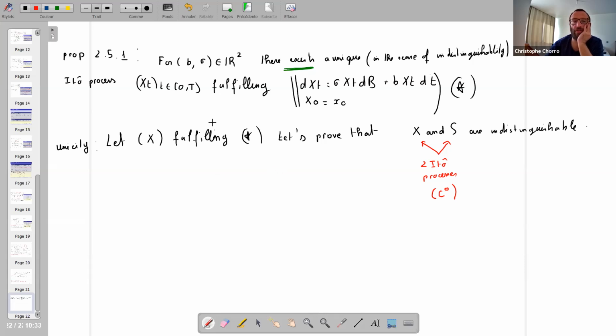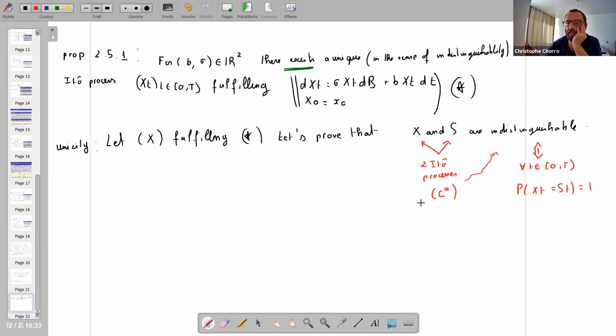If I have two continuous processes, to prove that they are indistinguishable it is sufficient to prove that for all t belonging to 0, capital T, the probability that X_t is equal to S_t is equal to 1.